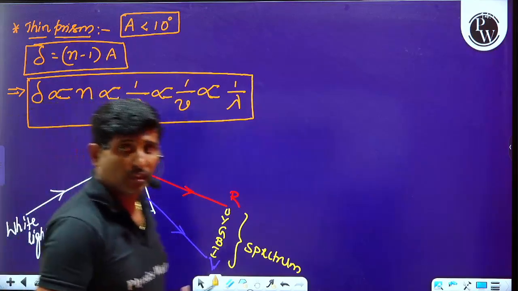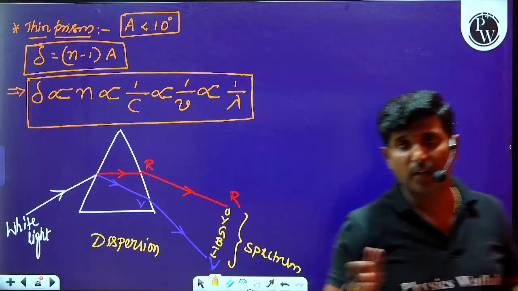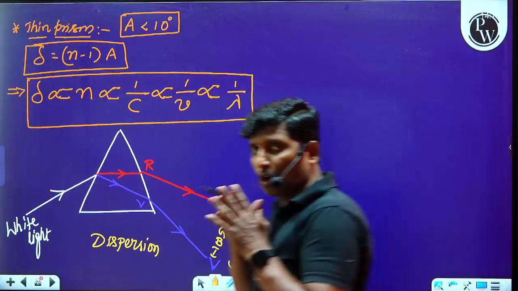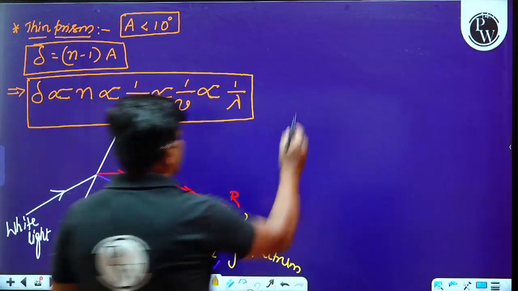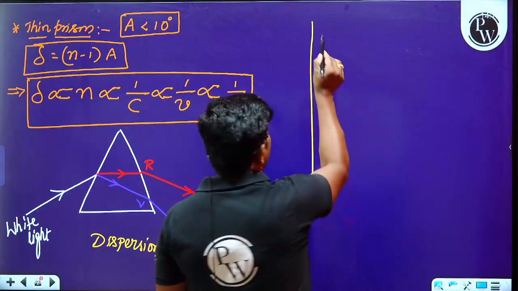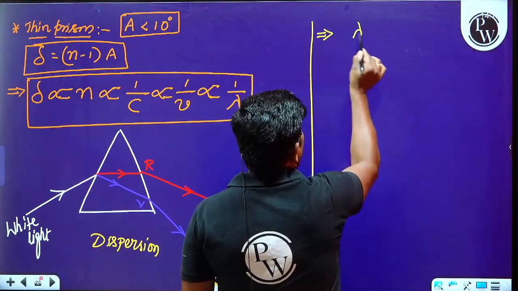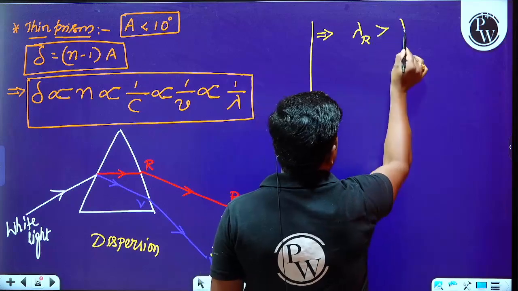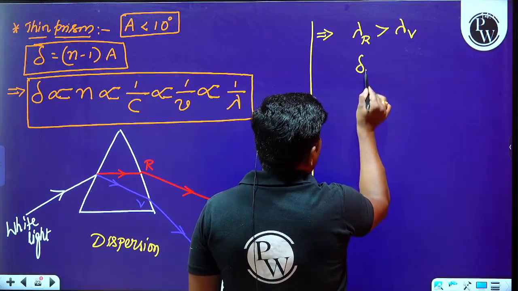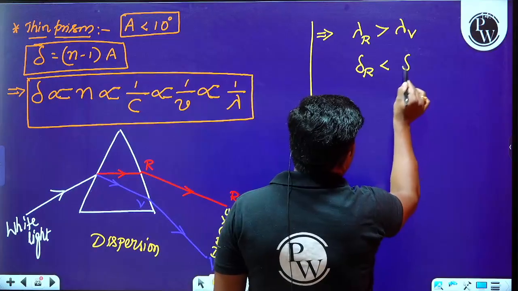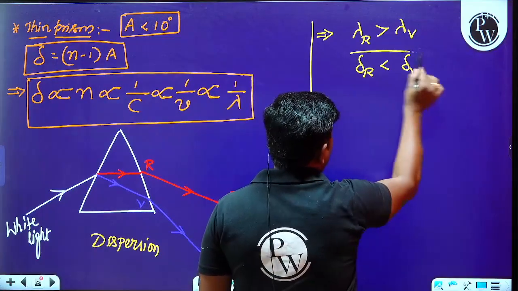Dispersion is nothing but the splitting of white light into its constituent colors. We can say that the wavelength of the red is greater than the wavelength of the violet, so the deviation of the red will be less than the deviation of the violet.